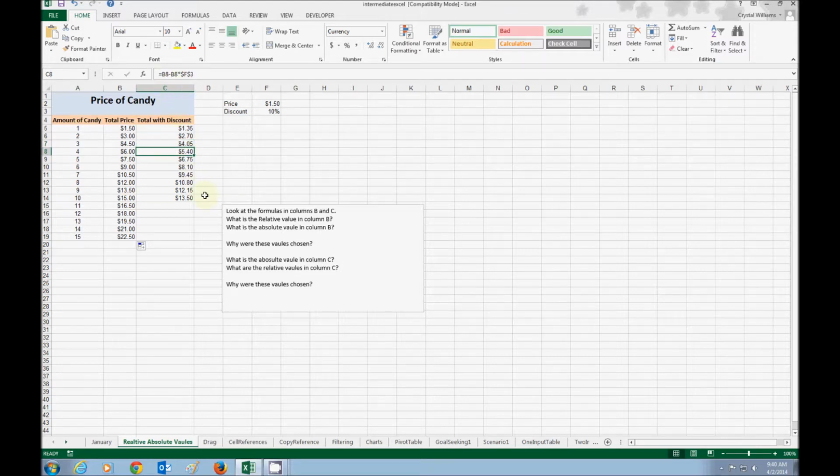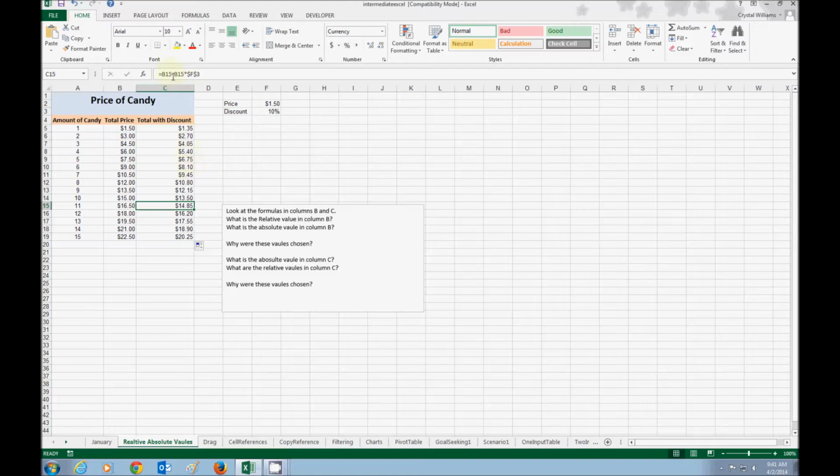Now, Excel follows the order of operations, which is why we can write out B8 minus B8 times $F$3. It knows to do the multiplication first, and then do the subtraction. So here we have at the bottom B14 minus B14 times $F$3. If I do an autofill, again, the amount will remain accurate because these two values are relative.